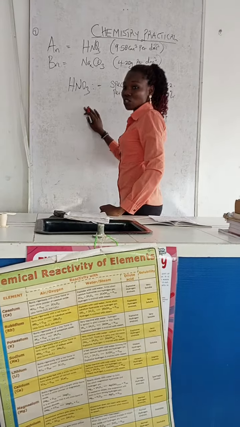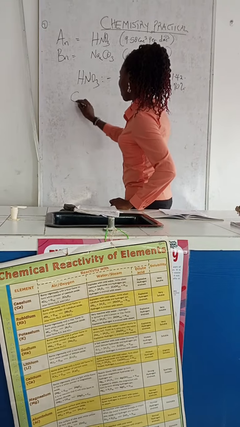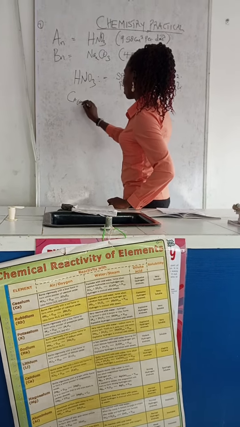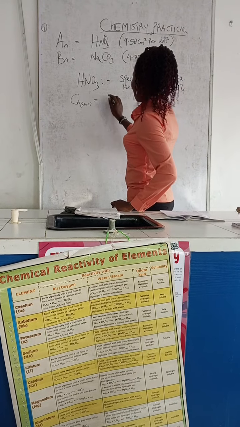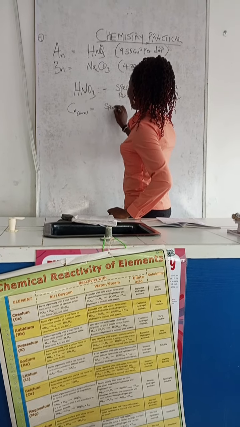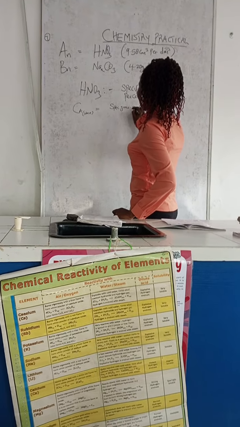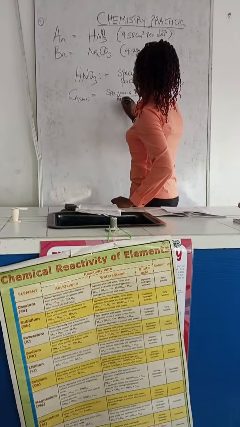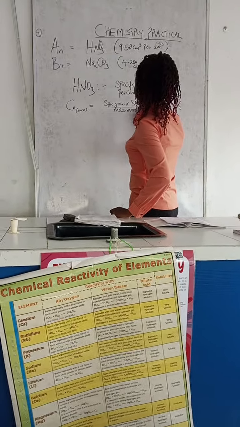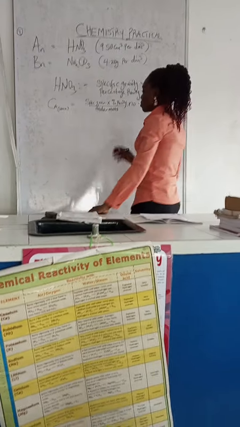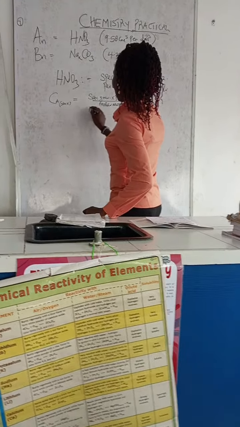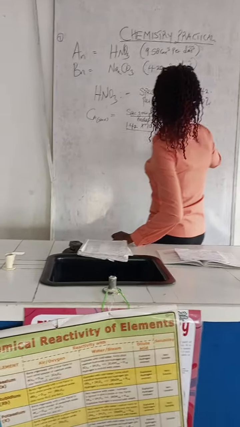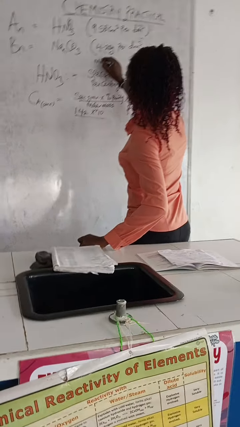doing a simple calculation. That will give us the concentration of the stock. The stock concentration is going to be the specific gravity times the percentage purity over the molar mass, times 10. So this is 1.42 times 70 over the molar mass of HNO3.